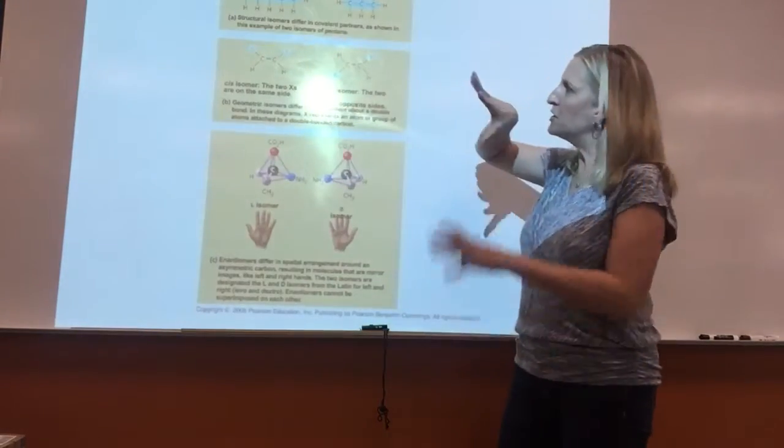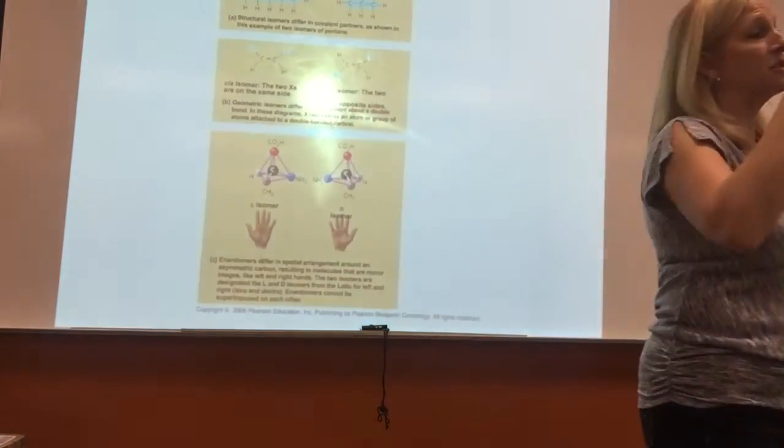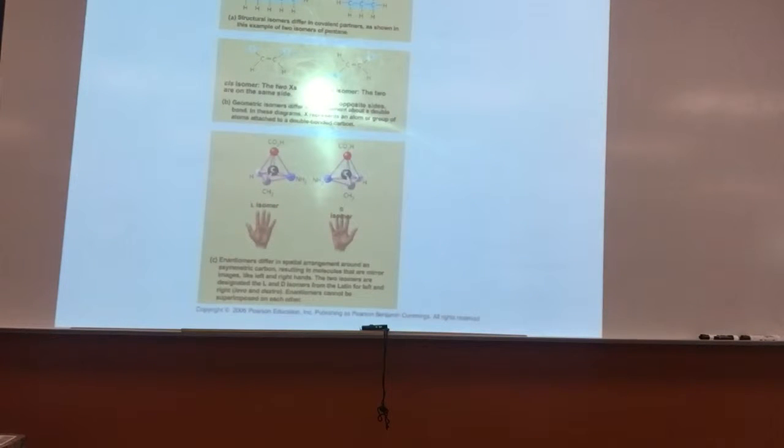And so you just need to be able to look at 2 molecules and tell whether or not they're isomers. And how you do that is you count up the atoms and see if they have the same molecular formula and see if they're put together differently. These are just examples of 3 different ways that they can be put together differently.